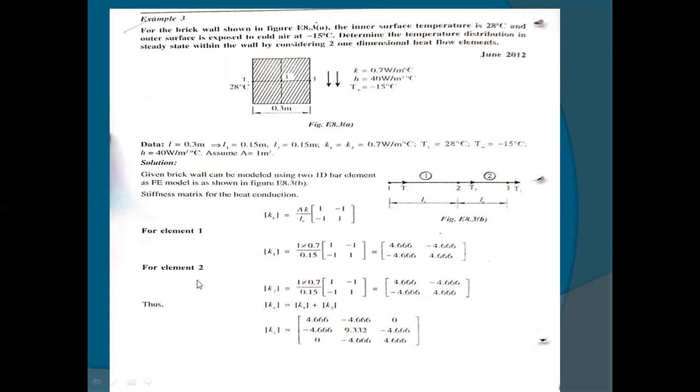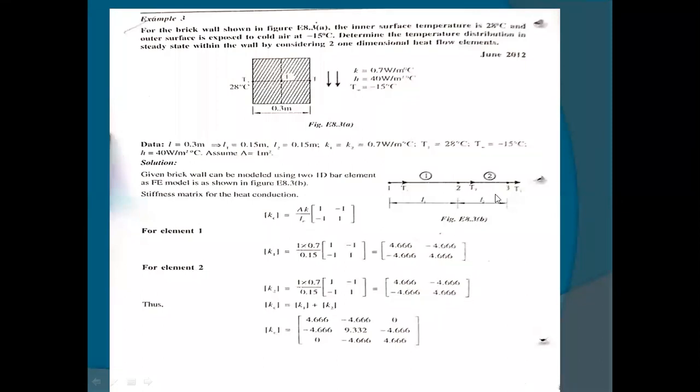Again same thing for element 2. We will get another matrix, K1 and K2. Now adding both, total K is equal to K1 plus K2. For element 1 we take positions 1 2, 1 2, since we have node 1 and node 2. Again for element 2, 2 3, 2 3.